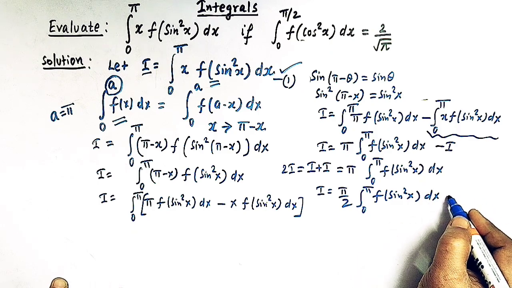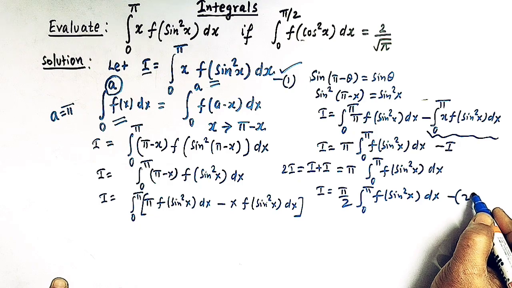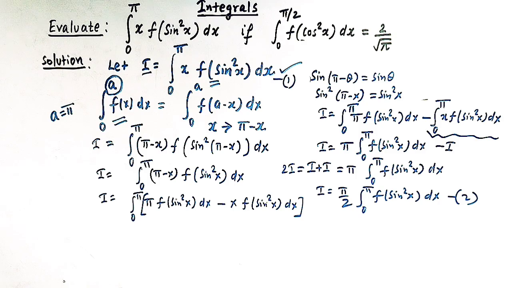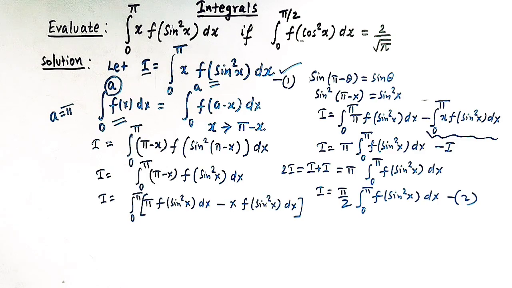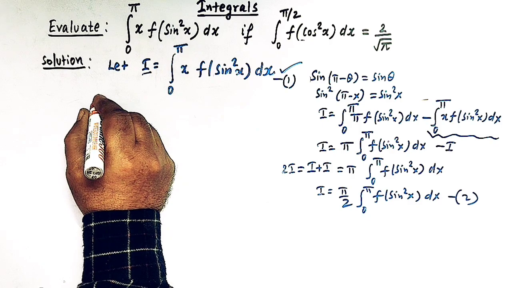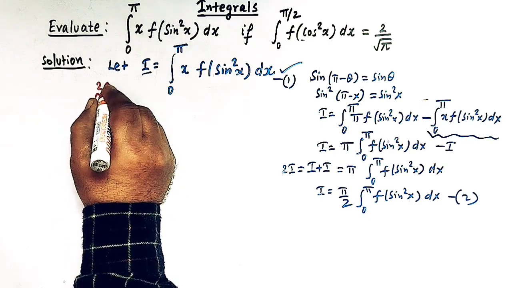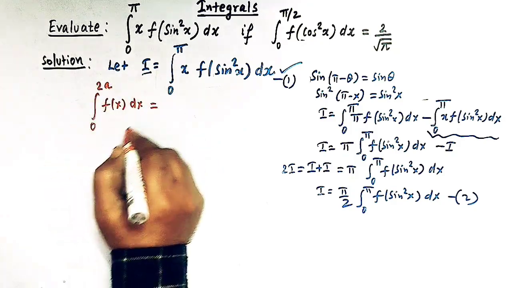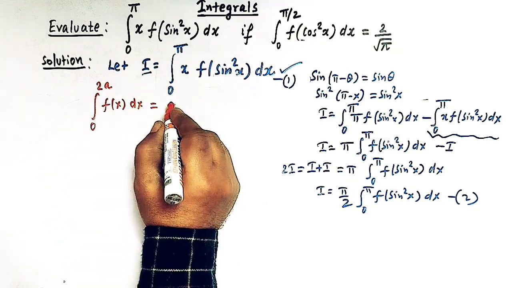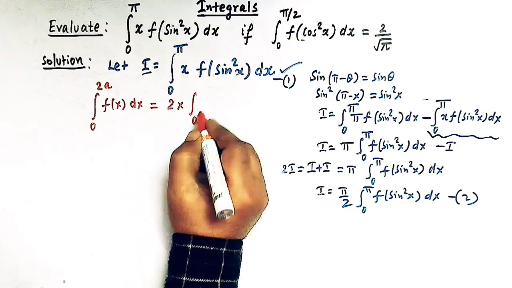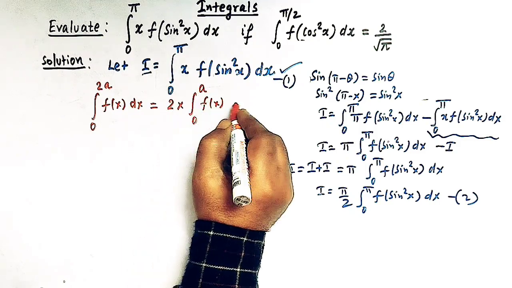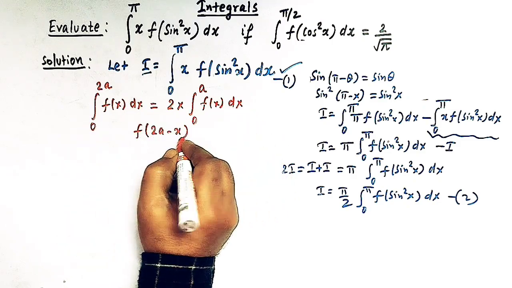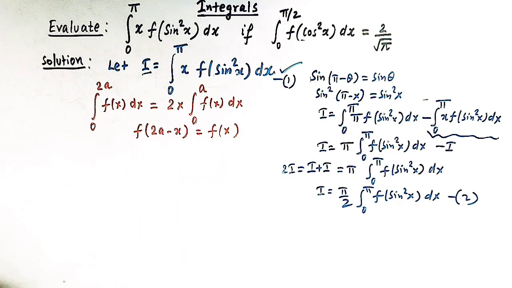So let us call this integral as integral 2, right? So now to move further, let us make use of another important property of definite integrals. So now we know this important property, that is 0 to 2a, and if we have f of x dx, then the value of this integral can be written as 2 times the integral 0 to a, and we have f of x dx, provided f of 2a minus x is equal to f of x, right?